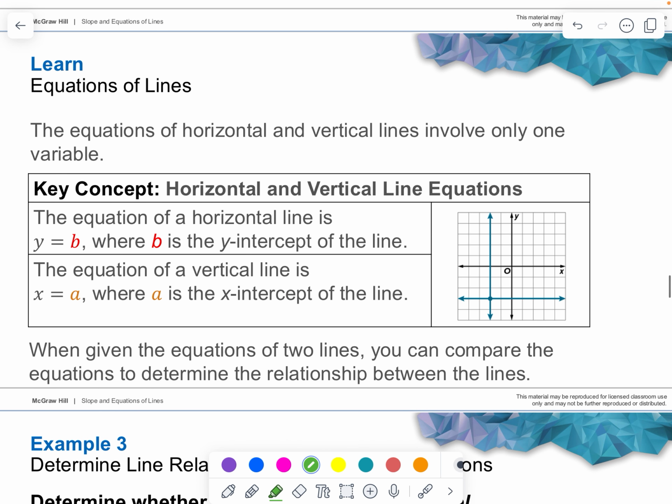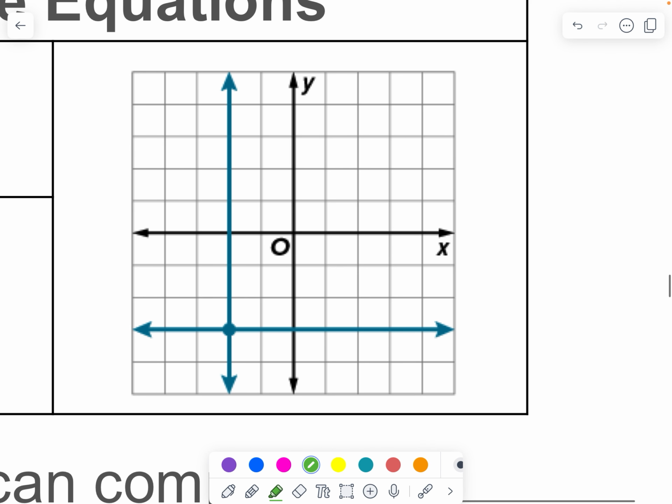Now, if we're looking at the equation of horizontal and vertical lines, this one you need to know, and it kind of twists us around. The equation of a horizontal line is y equals b, where b is the y-intercept of the line.